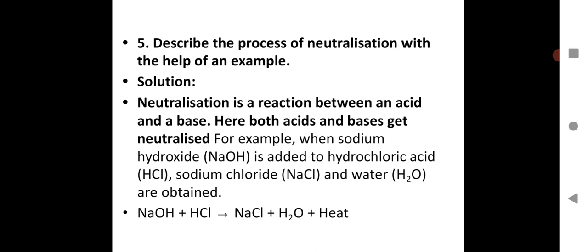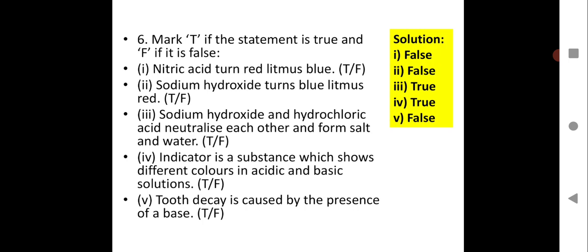So write down the reaction: NaOH plus HCl gives NaCl plus H2O plus heat. That means the test tube becomes warm. So the neutralization reaction is exothermic, where it gives out heat, and this is a very simple reaction which we have done earlier in the previous session. I hope you are taking down all the question answers, children.